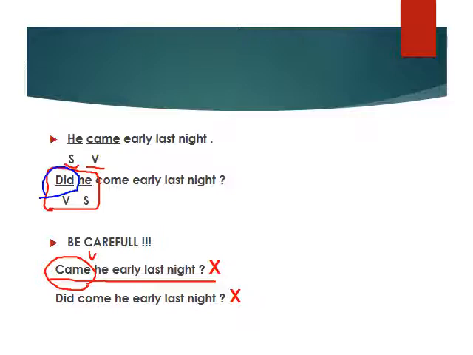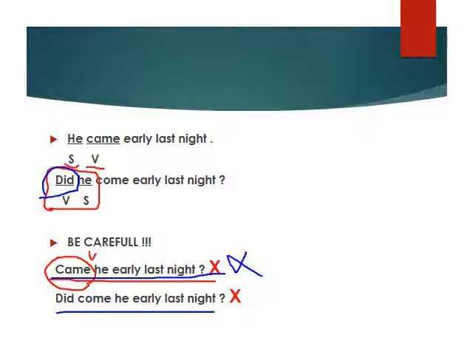So never invert a main verb. Never invert a main verb like in this sentence. This is totally wrong. This is the first thing. The other thing is that we change the place of the helping verb only, so we do not touch the main verb.